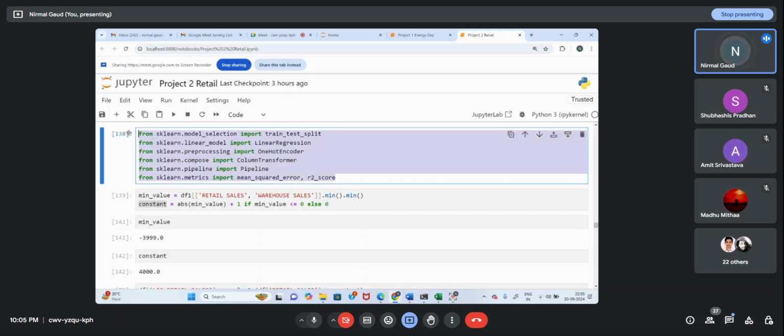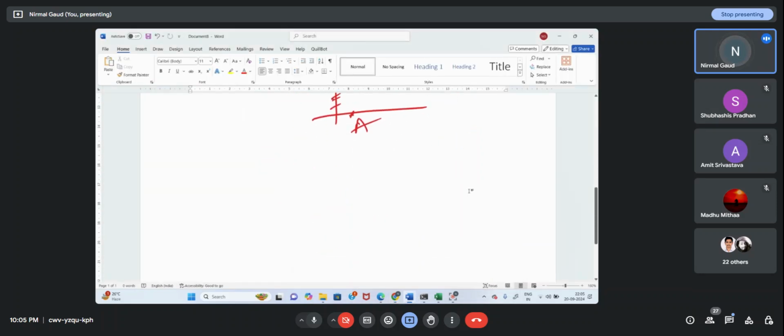First my idea is to apply regression. Now again a question which I asked myself: you have year, month, item ID, item name, item description.